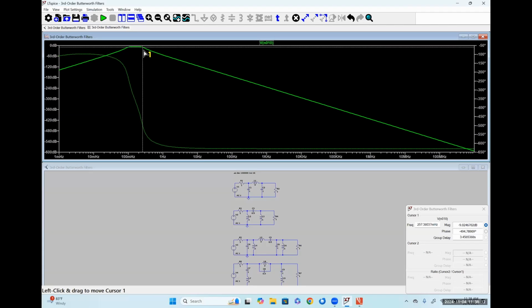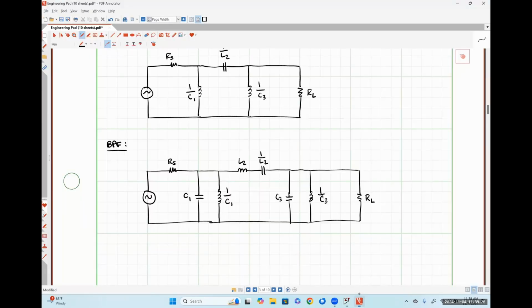Yes. So, no, the resonant frequency is a single frequency. So let me better explain that. Let me draw a picture here real quick. Okay.